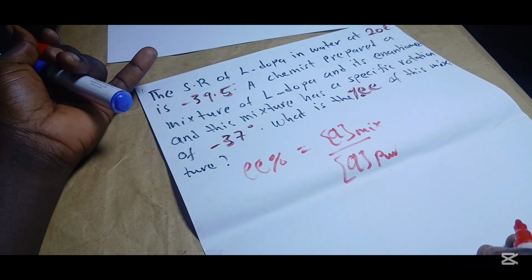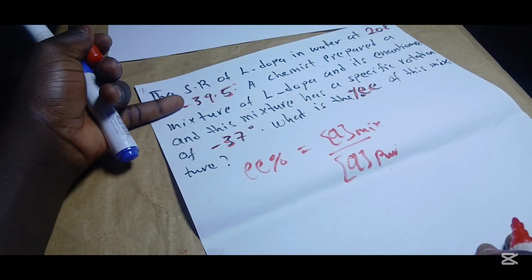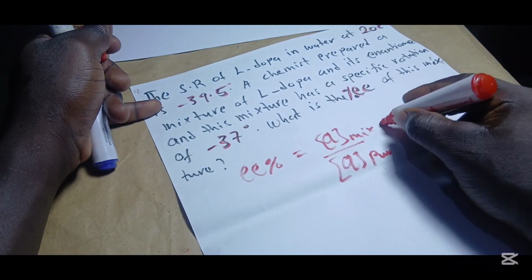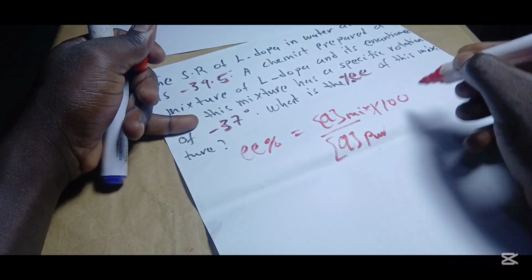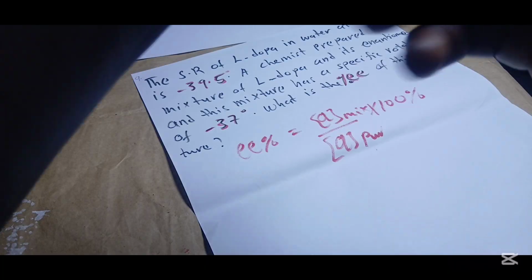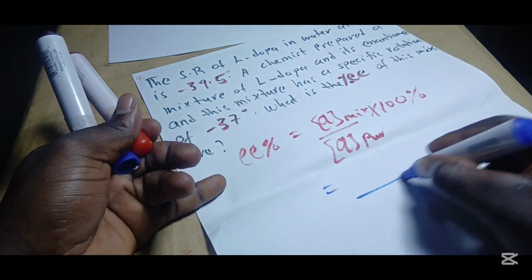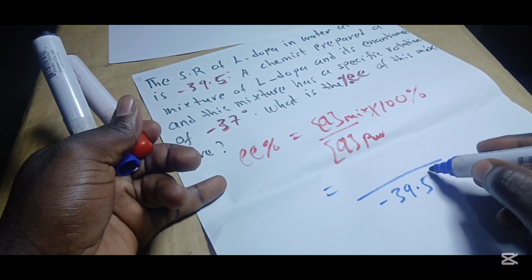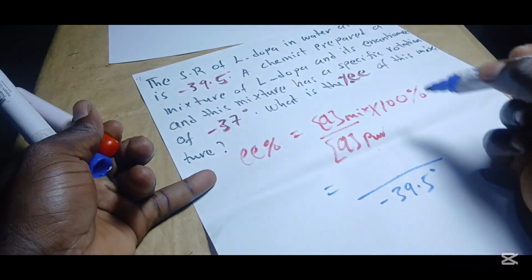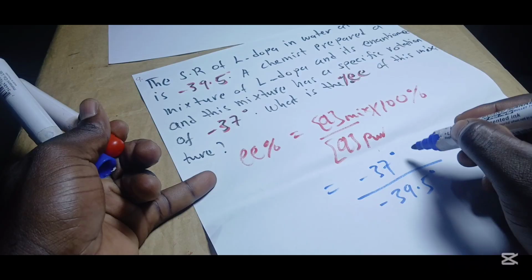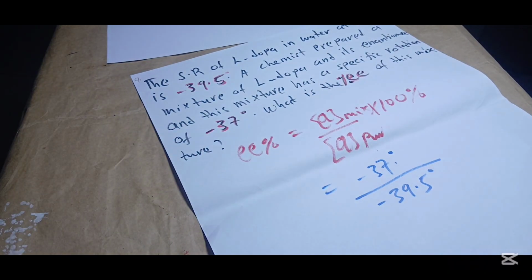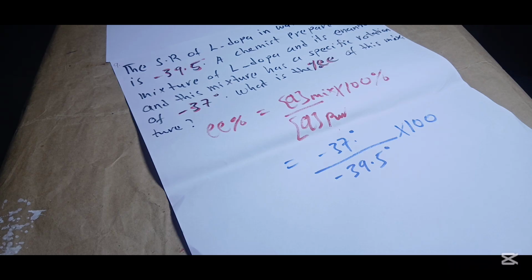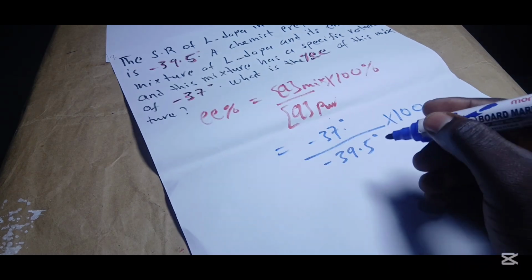The specific rotation for pure L-dopa is minus 39.5, and that of the mixture is minus 37 degrees. Multiplied by 100, this gives us 93.67%.